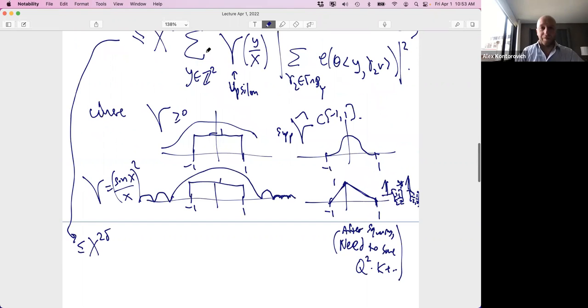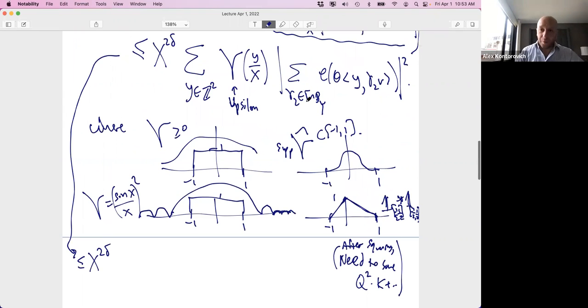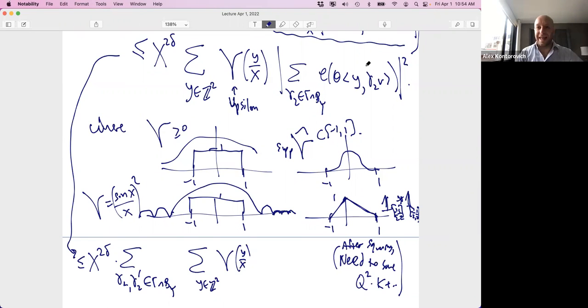Here we have a sum over y. And then when we open this square, we're going to have two sums over gamma, gamma 2 and gamma 2 prime. So we have a sum over gamma 2 and gamma 2 prime in a ball of size y, and then an inner sum on y in Z^2, upsilon of y over x, and then e to the 2 pi i theta, y inner product.